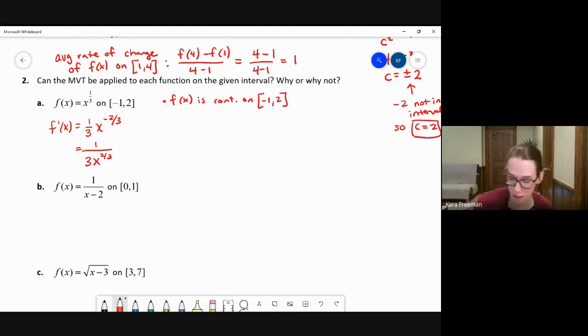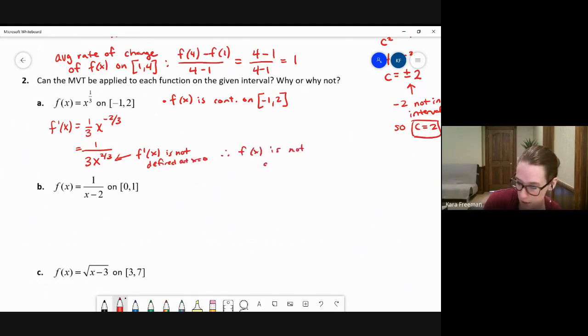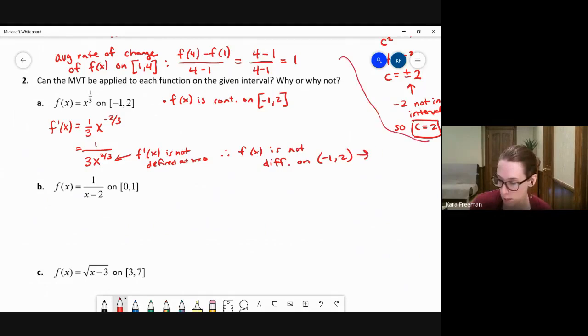So therefore, f prime of x is not, let's say, defined at x equals 0. So therefore, f of x is not differentiable on the open interval -1 to 2. So therefore, mean value theorem does not apply.